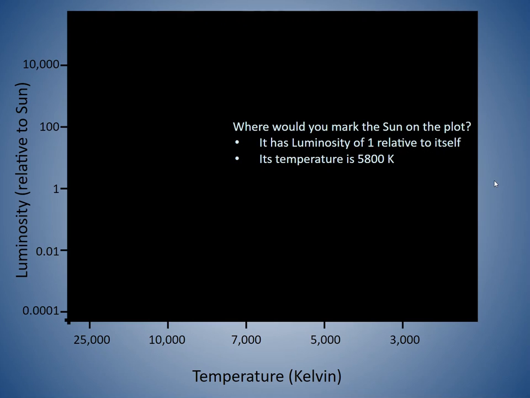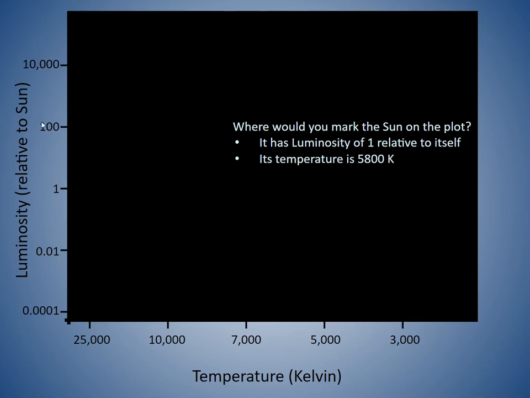Okay, so let's start with the most basic question. Where would our sun be? Well, how bright, relative to our sun, how bright is our sun? So relative to our sun, right?